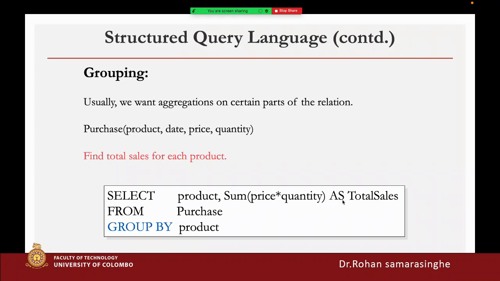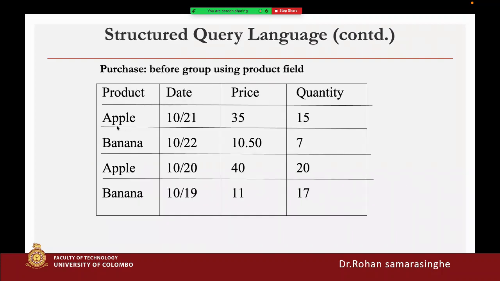Here we rename it to total sales: product name and total sales from the purchases table, group by product. The group by product means here there are two products only, apple and banana. Group to the apple and the banana.